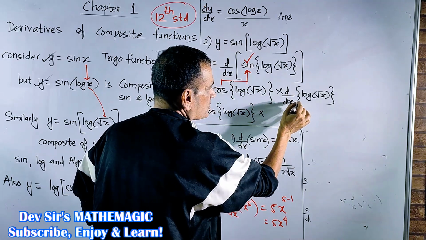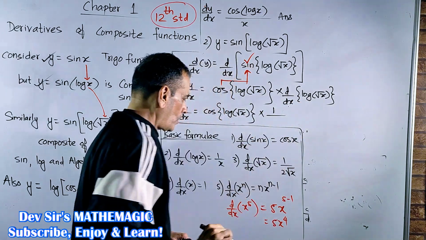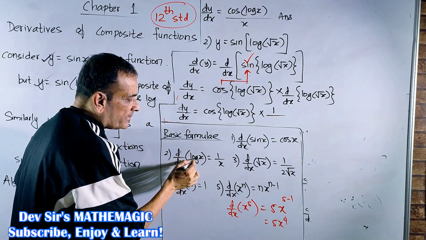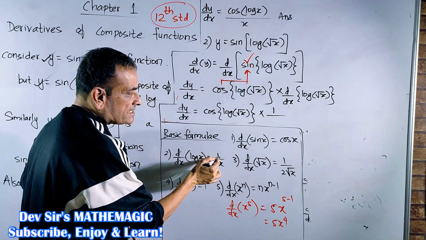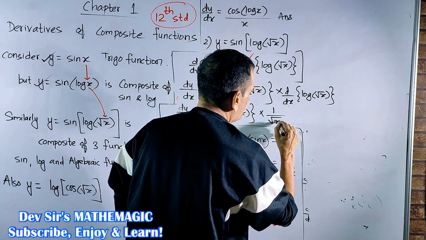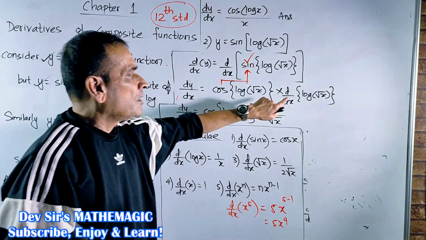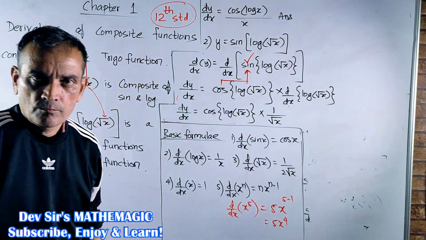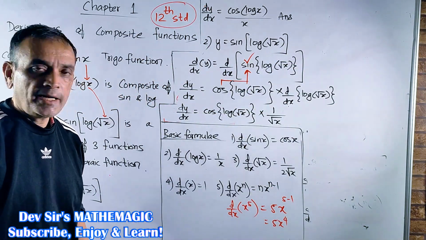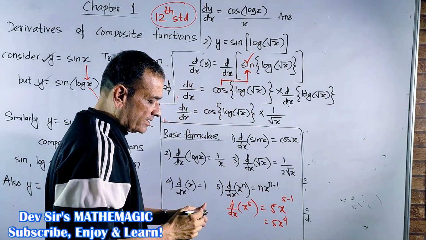So d by dx of log means 1 upon. यहाँ पे x है इसलिए 1 upon x लिया. यहाँ पे root x है इसलिए I'm going to write 1 upon root x. Simple. Wherever you get log, its derivative is 1 upon. Right? So derivative of log is over. I can show it here.